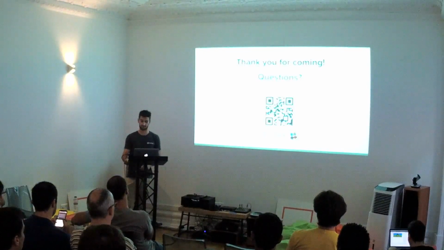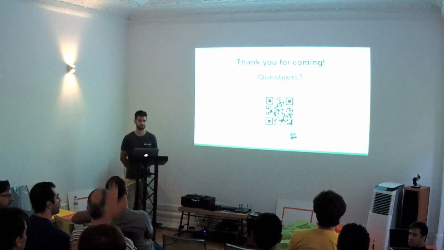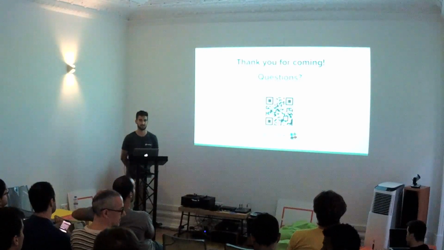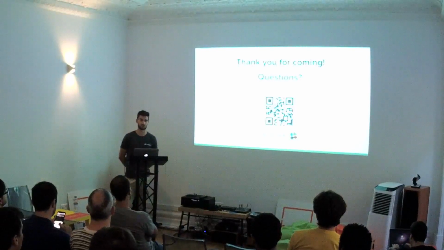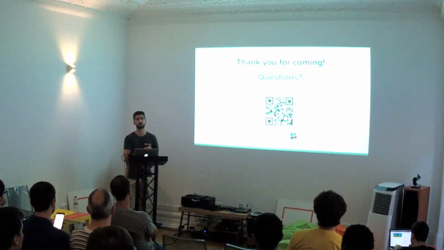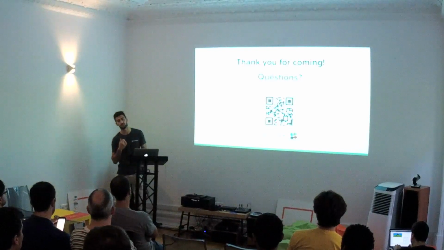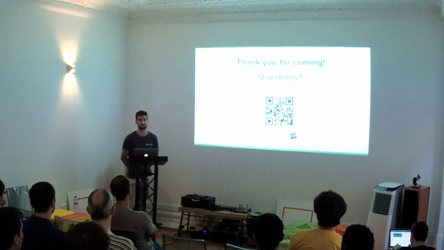So, okay, questions? So what does your library do? My library performs captures of documents, and then these documents are uploaded to the Onfido backend, and they can be used to perform checks on people, like background checks.